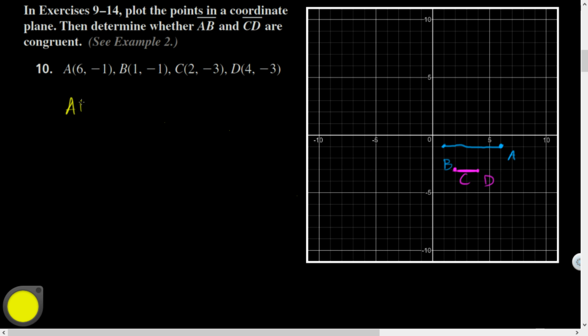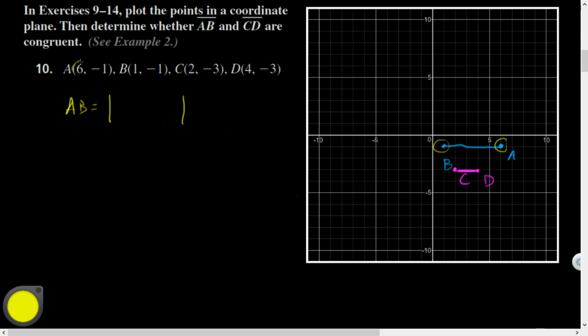But let's just review. How can I find the distance between 2 points that are horizontally or vertically oriented to one another? Right, so I'll take the absolute value of the difference of their coordinates, but which coordinates am I picking?